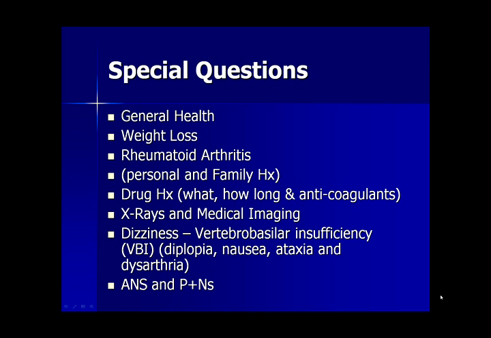So you need to ask about what is the general health of the patient? Have they had any recent weight loss or unexplained weight loss? Do they have a history of rheumatoid arthritis in their family, which may preclude the patient from having any cervical manipulation? What is their personal and family history? Are there any genetic components?